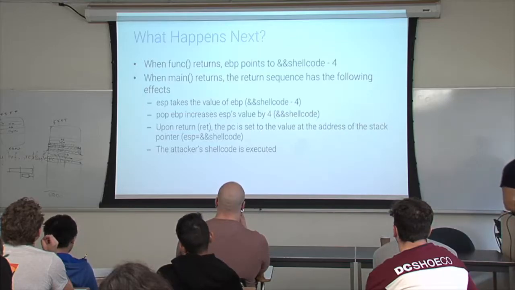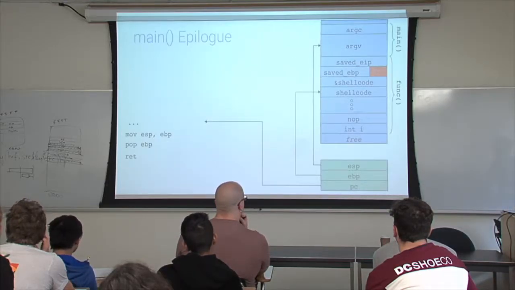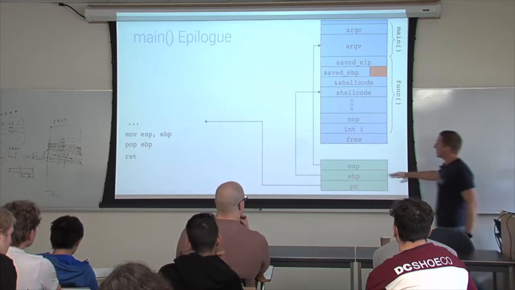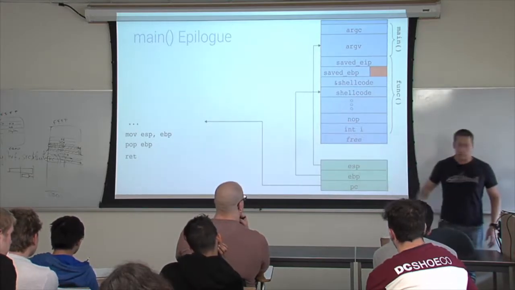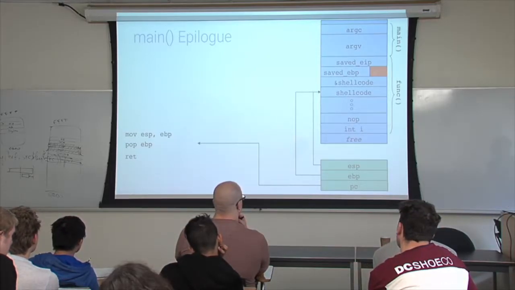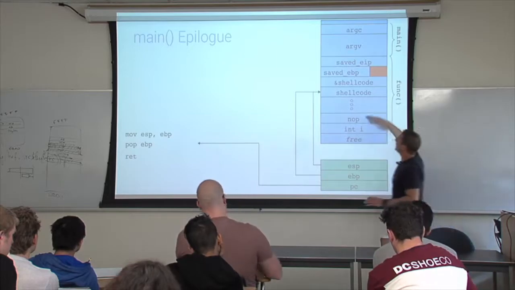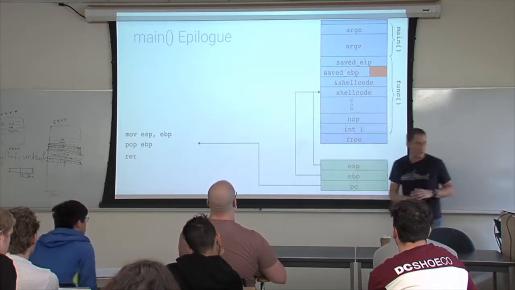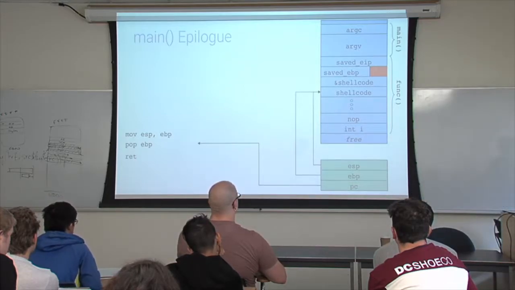So here it is. You can see that now we are in main, but our EBP is in the wrong place. So we do something weird with the stack: instead of deleting the frame of main, we bring the ESP here. Who cares, we don't care about cleaning up.